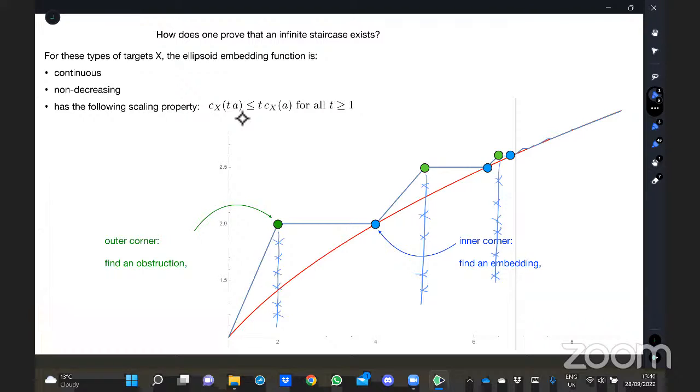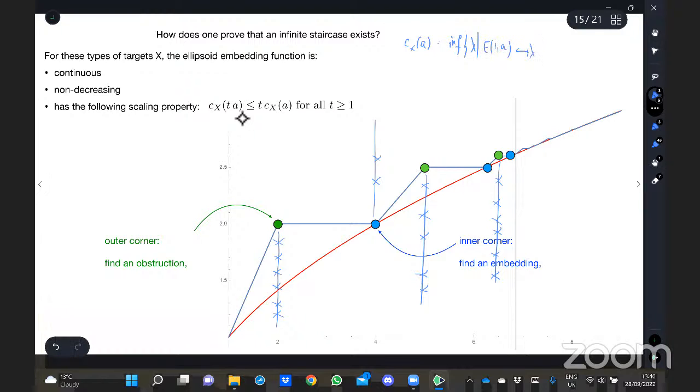And for the blue sequence, we construct an actual embedding. We take ellipsoids of these sizes, and then we actually construct an embedding into a scaling of the target X. Remember the function was c_X(a) equals the infimum of lambda such that E(1,a) embeds into lambda X. So if you construct a certain embedding, then you've shown that the infimum can't be any bigger than that.